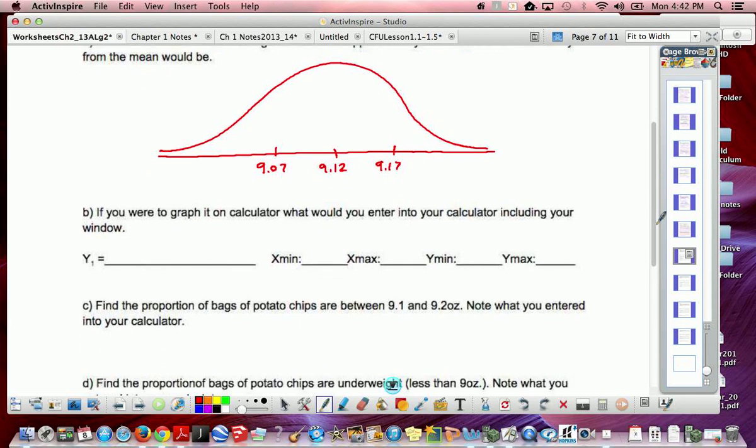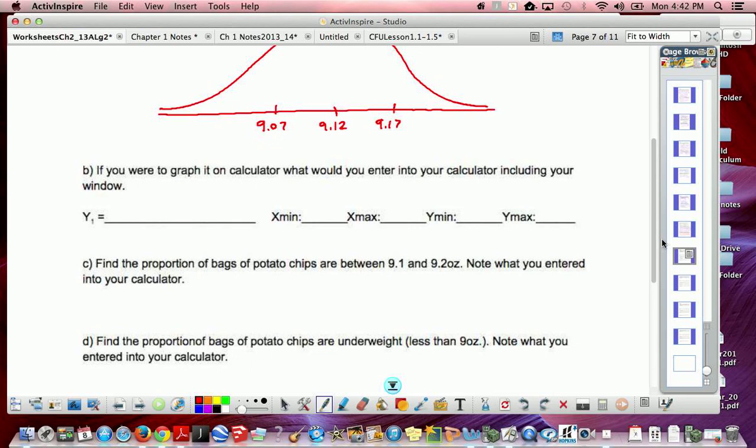Part B then asks you if you were to graph it on your calculator, what would you enter in your calculator, including your window? So remember, when we graph this on our graphing calculator, we're going to go into the y equals and go normal PDF.